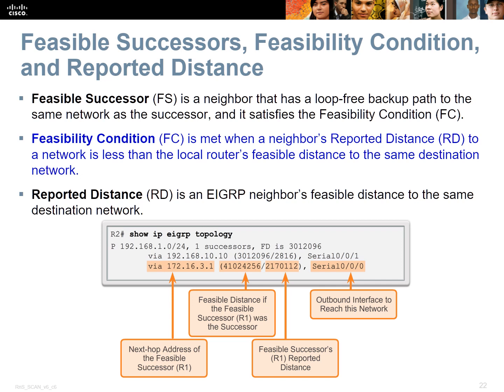So clearly that's not as good as the current successor. Therefore, when you do show ip route here, you only see the best one. But EIGRP has both the best and the second best waiting in the wings to go.